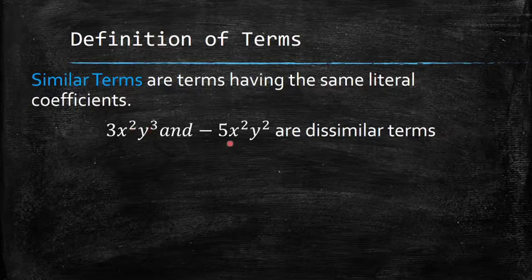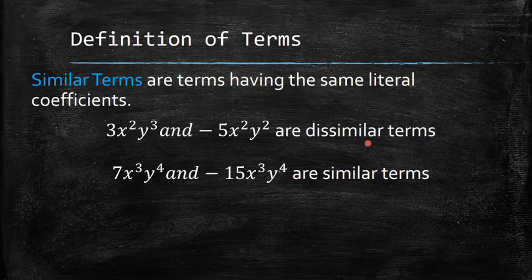On the other hand, we have x squared y squared. So we don't have similar literal coefficients. Therefore, these two terms are dissimilar terms. When we say similar terms again, these are terms having the same literal coefficients.